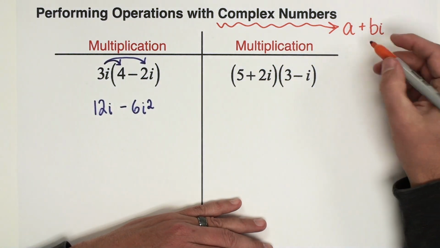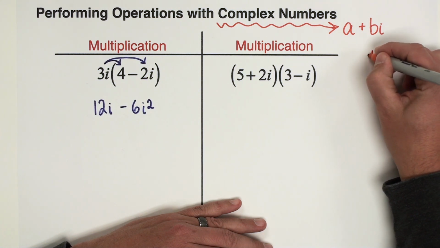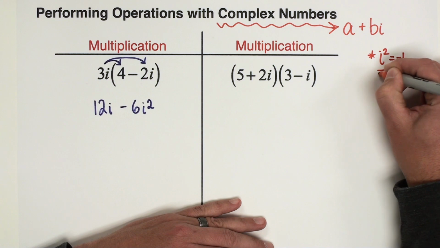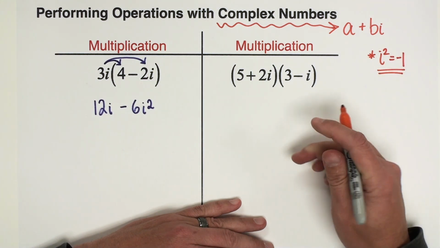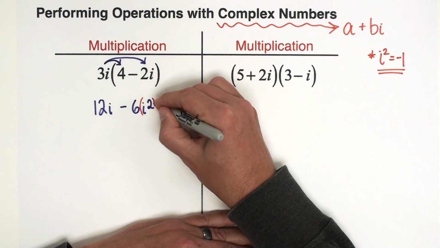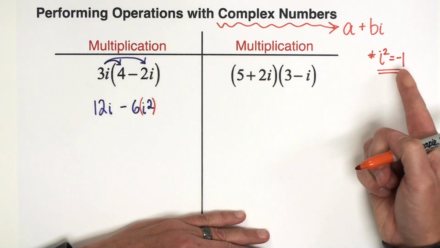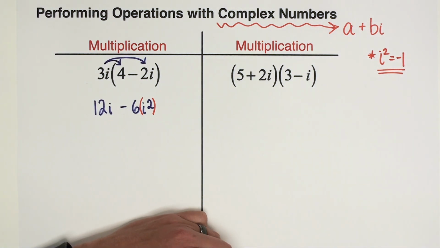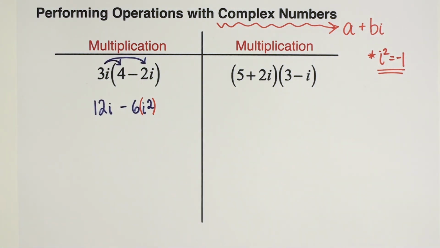We built this whole thing on the idea that i squared is equal to negative 1. So all we're going to do now is replace the i squared over here with negative 1.